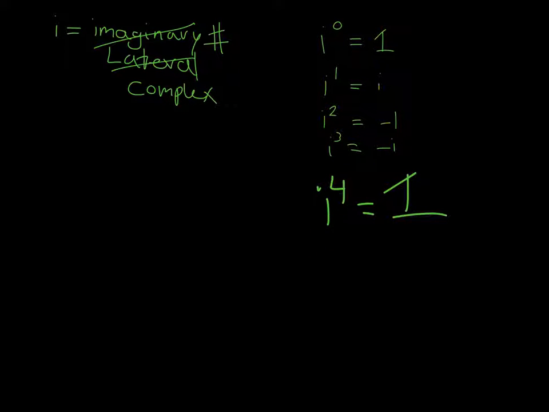This is because i to the power of 0 is always 1. That's like 1 to the power of 0, 5 to the power of 0. It's always like that. But i to the power of 1, you have to just memorize it because it is basically i. i to the power of 2 is where it changes.